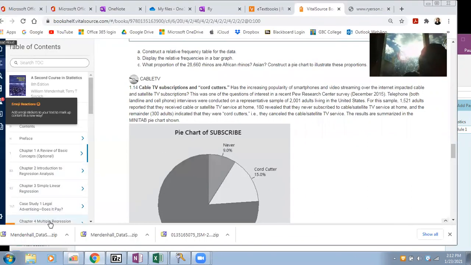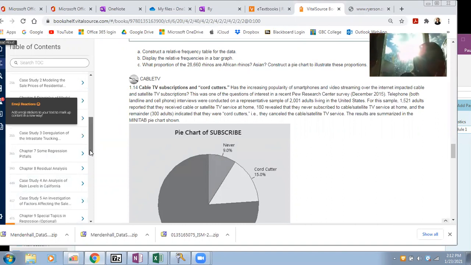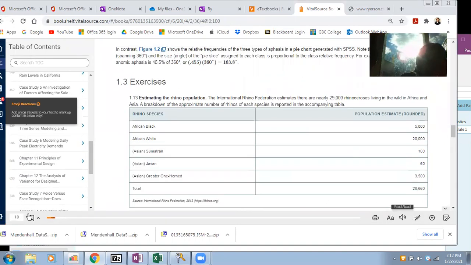Where is my page number? Sometimes I have trouble locating the page number. I want to go to page 3. Okay, it's here. Okay. So I'm going to go to page, maybe I will do one question from page 17.